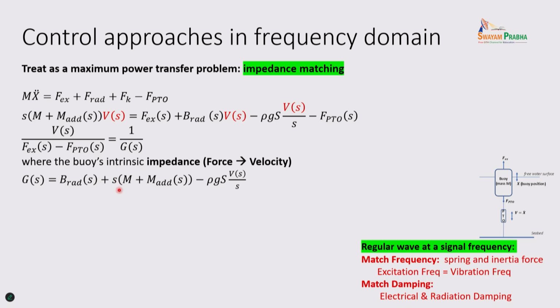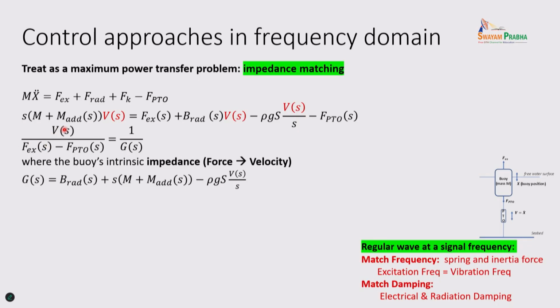Okay, so that is in the Laplace domain. You write j omega as s, so that is s times mass, and stiffness divided by s. There's one typo here. What's the typo?